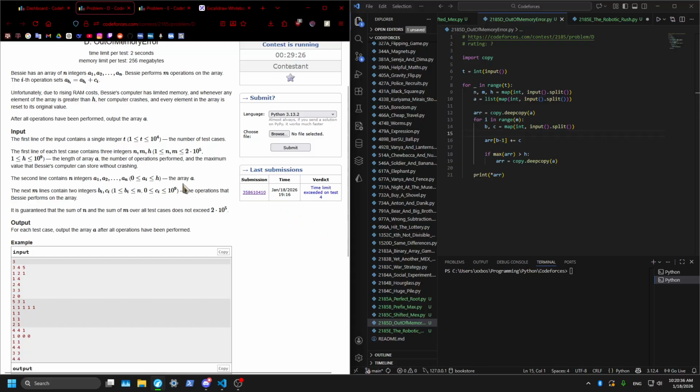Okay. N is the length of the array. M is the number of operations. So my time complexity is NM. Is that too slow? O of NM.